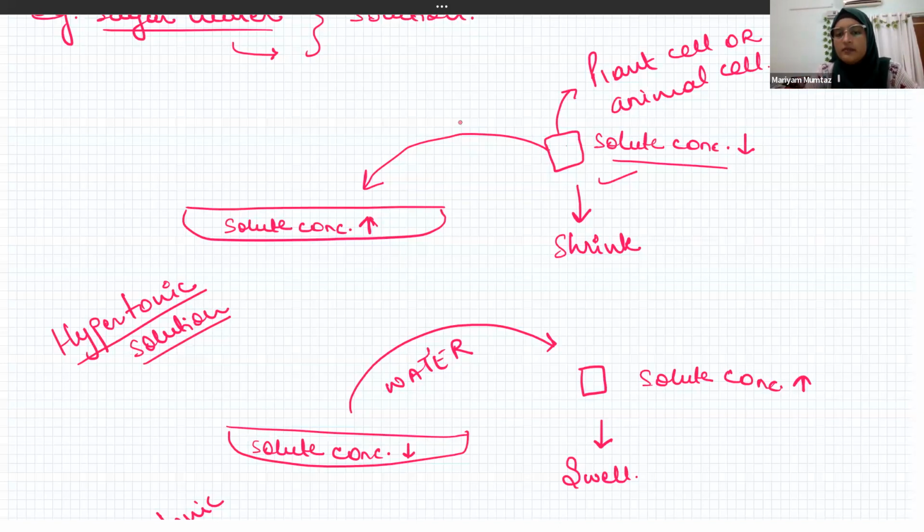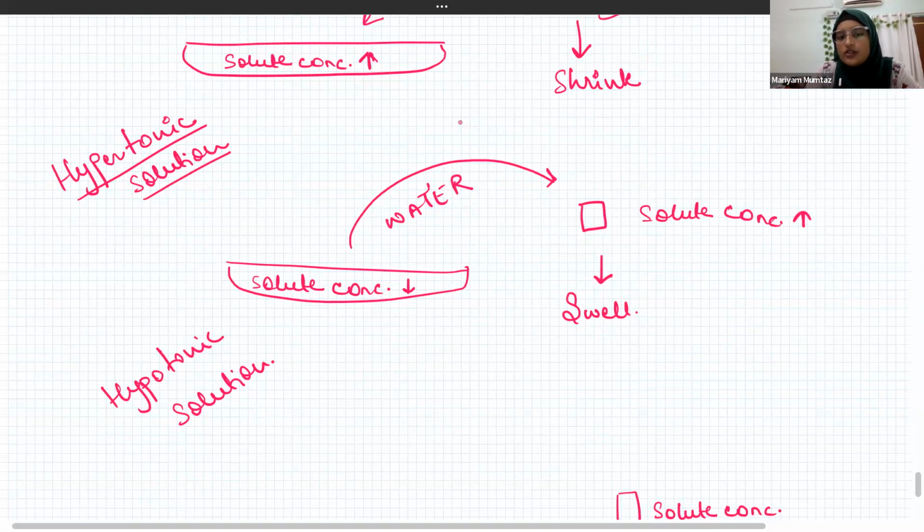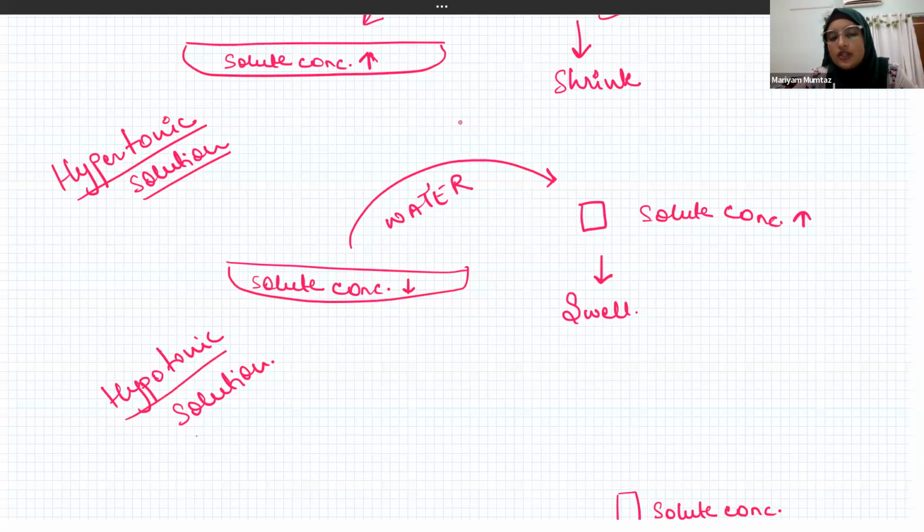Now, when we place a plant cell or an animal cell inside a medium wherein the solute concentration is lower, it means that the water concentration is high. So the water will move from the external environment into the cell, and this will cause the cell to swell up. And this is known as a hypotonic solution.